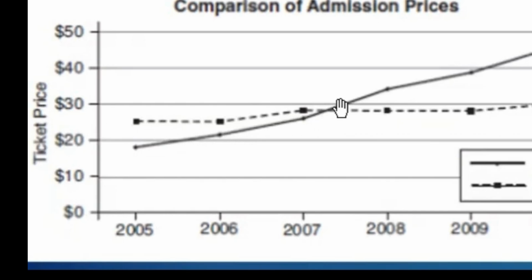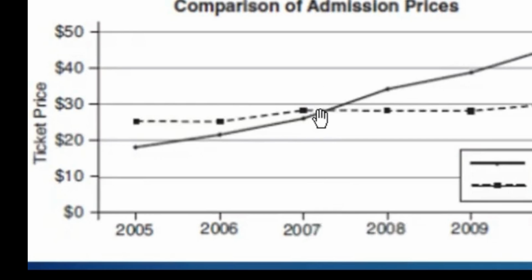Find out where the two lines meet each other, and that's right here. And this point tells you that both parks were charging the same amount around this time. So let's say this looks like it would be around maybe March of 2007, going towards 2008.